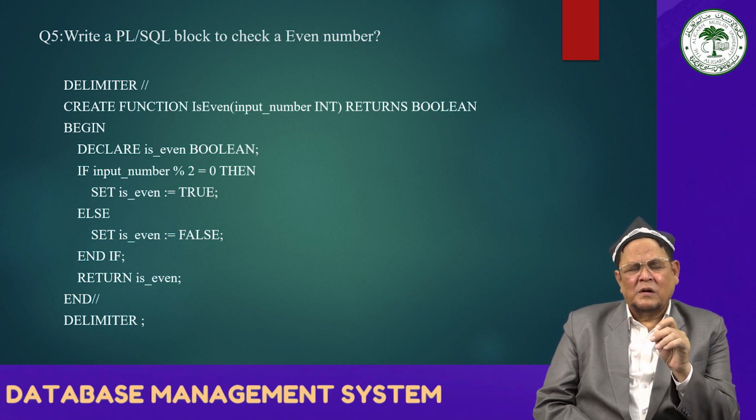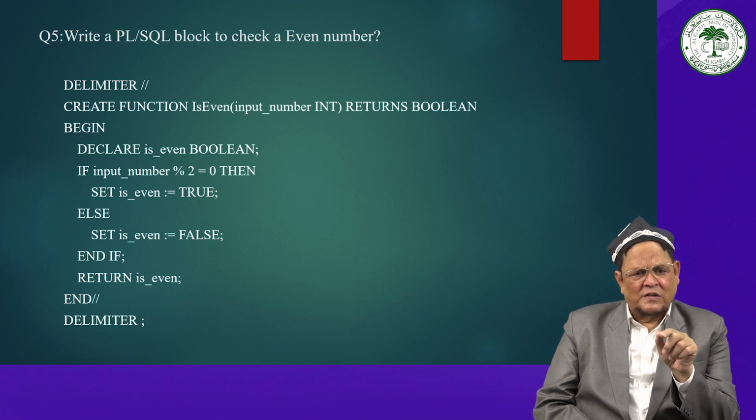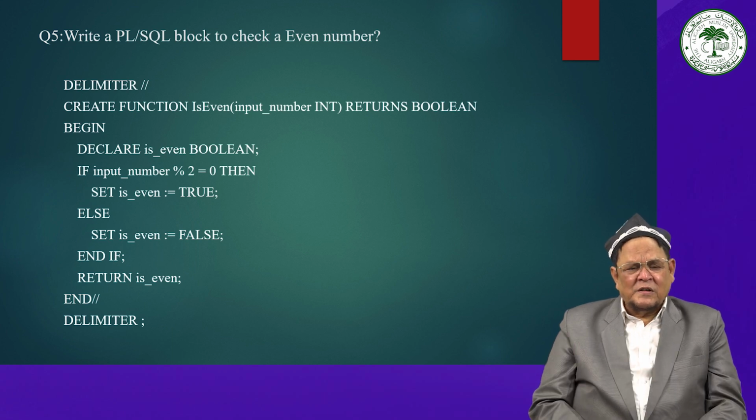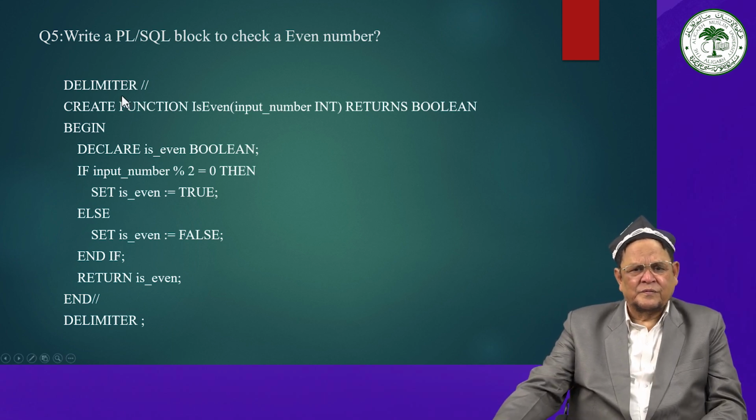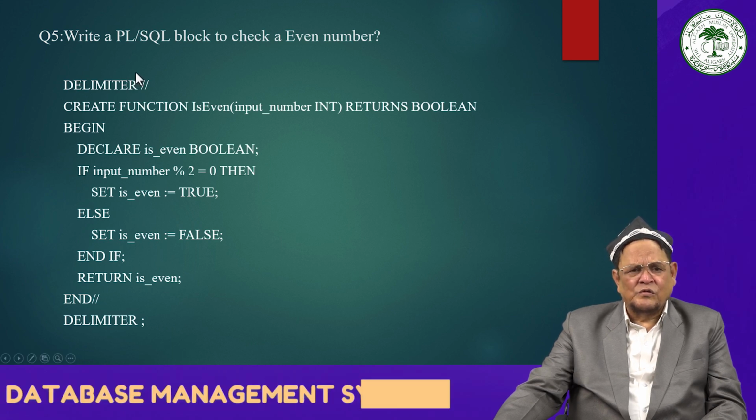If input_number divided by 2 has remainder equal to 0, then set is_even to true. Else set is_even to false. And then return is_even, to check whether the number is even or not. So you have to use this MySQL program to find the even number.